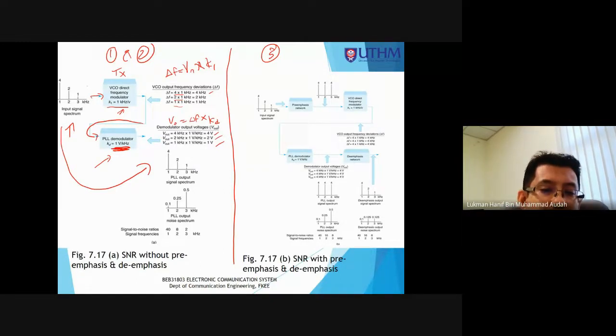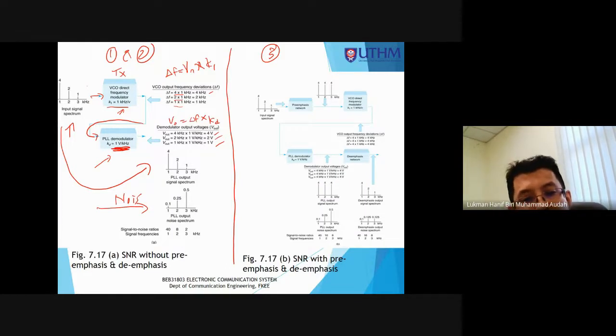And it is stated in question 2 that noise has been given like this: 0.1, 0.25 and 0.5. So question number 2 asks to find SNR. SNR is signal level divided by noise level.